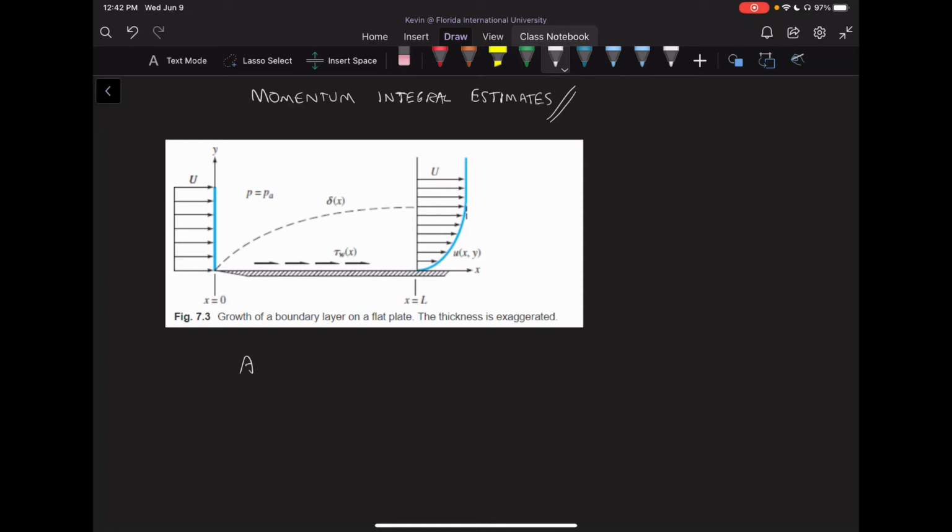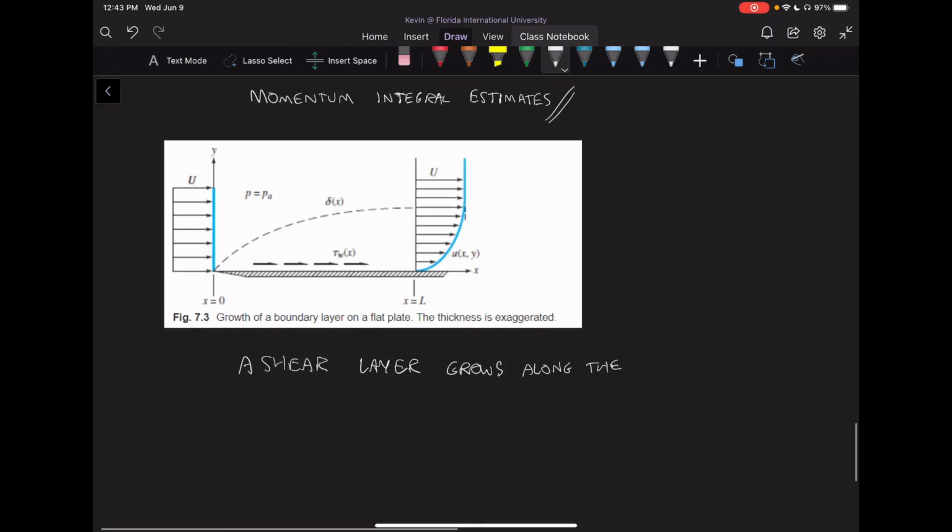So what we can say about this wall is we can say a few things. We can say that, visually, a shear layer grows along the flat plate, and the flat plate is going to have what we call a no-slip wall condition.